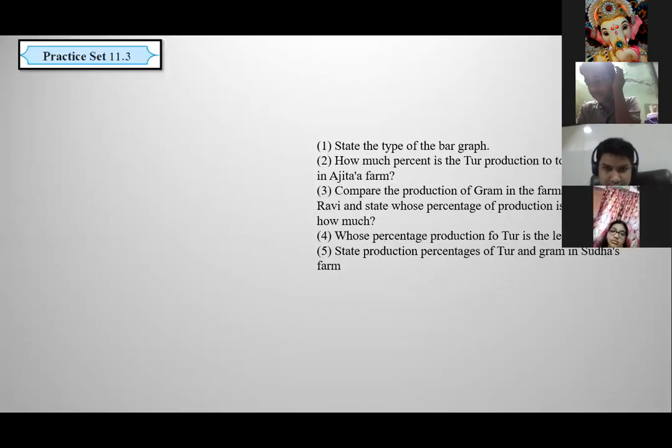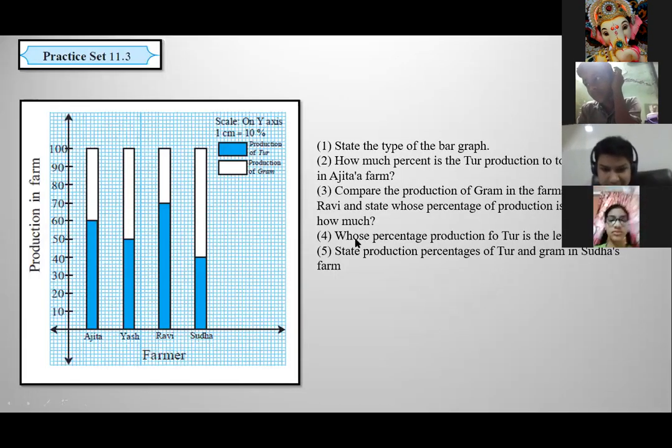Is it for homework? No, first one I'll do. The third one I'll give for homework. Do we have to do in notebook also? Yes. Oh, it's time up, I think.